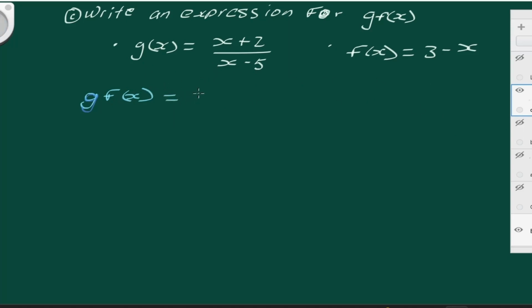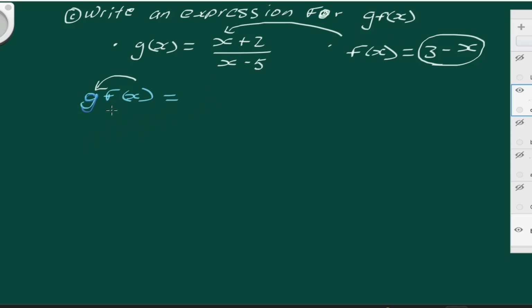So g f of x equals the function f of x being inserted into the function g. So the function f of x is equal to 3 minus x. So therefore this function will be placed into the function g of x.